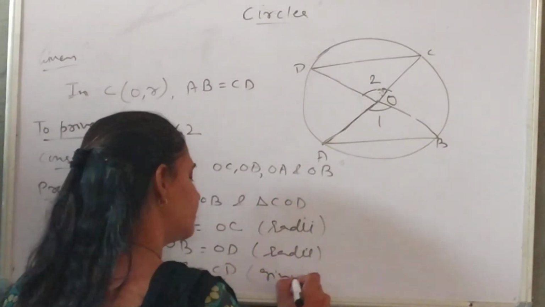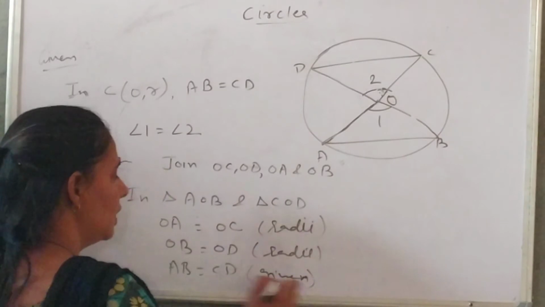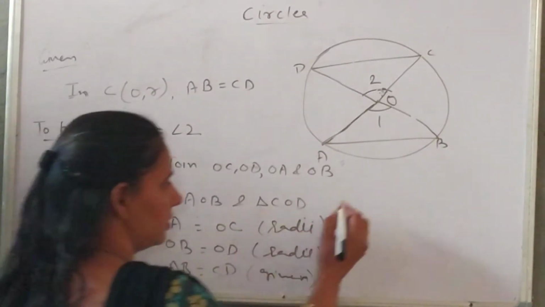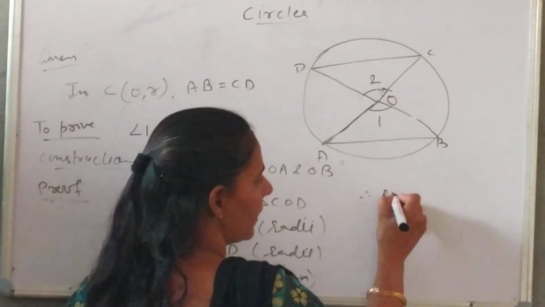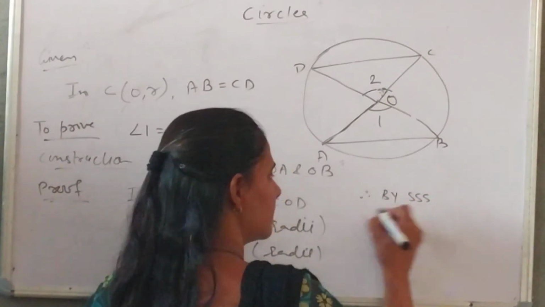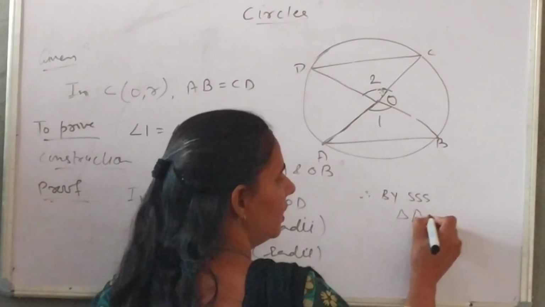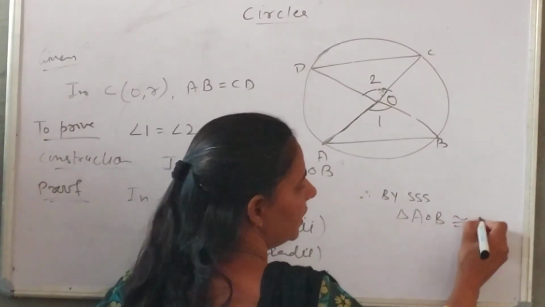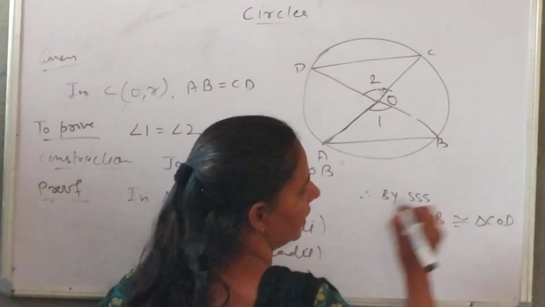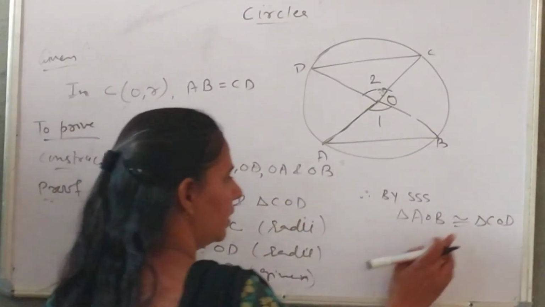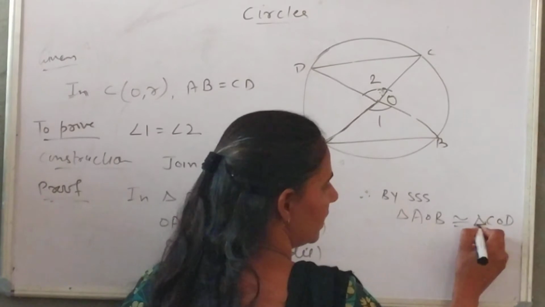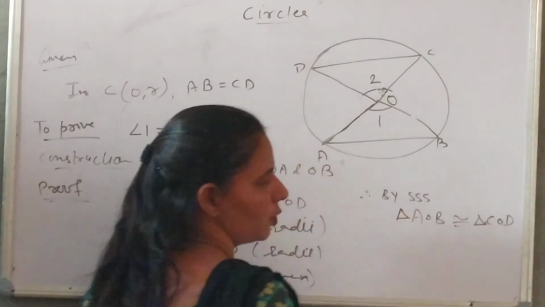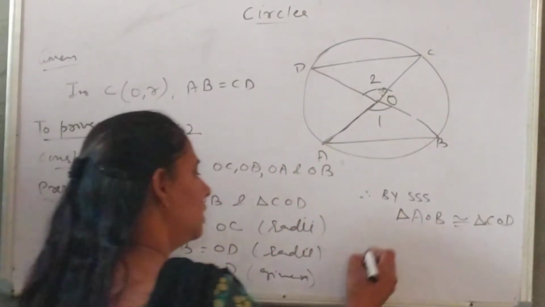This is given. So by SSS criteria, we can say triangle AOB is congruent to triangle COD.